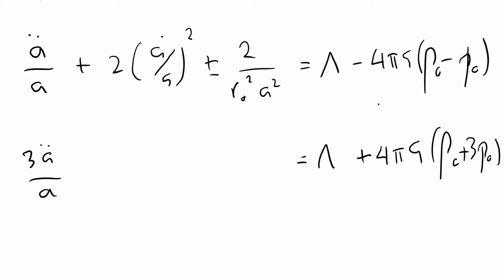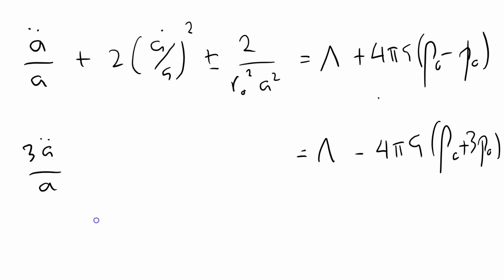Is that right? No, that's a minus and that's a plus. So it's easy to get these things wrong. That's the plus term and that's the minus term. It's easy to get those wrong because they're both the same multiplier, and it's easy to write them in the wrong direction.